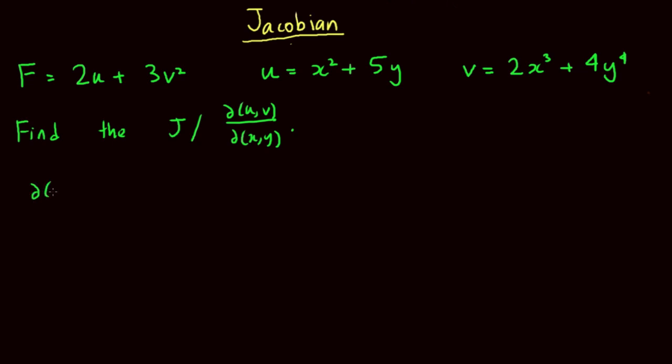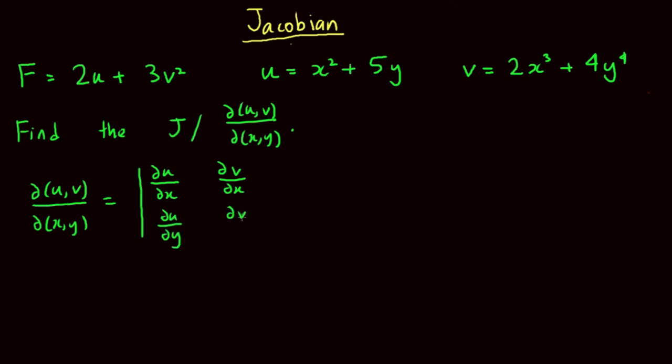So del uv over del xy is basically del u over del x, del v over del x, del u over del y, del v over del y. Okay, and I think that's how you find a Jacobian.